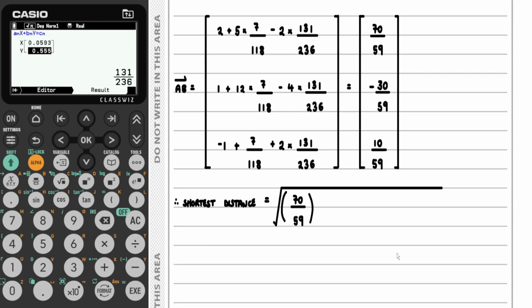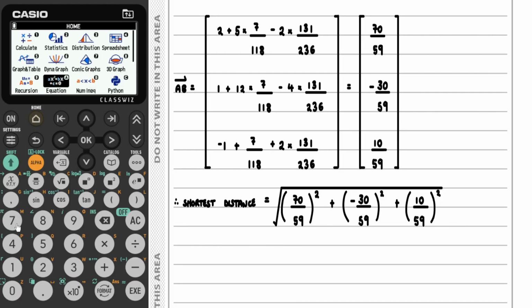So the shortest distance, we've got 70 over 59 squared plus negative 30 over 59 squared plus 10 over 59 squared, all square rooted. So let's work this out.